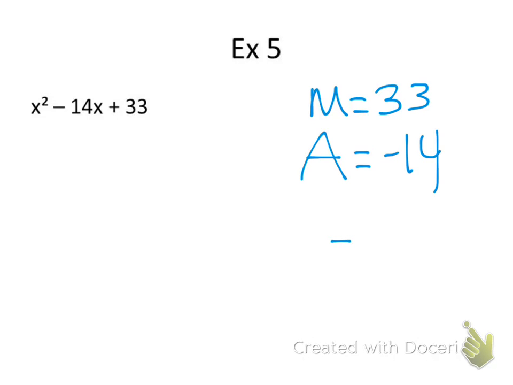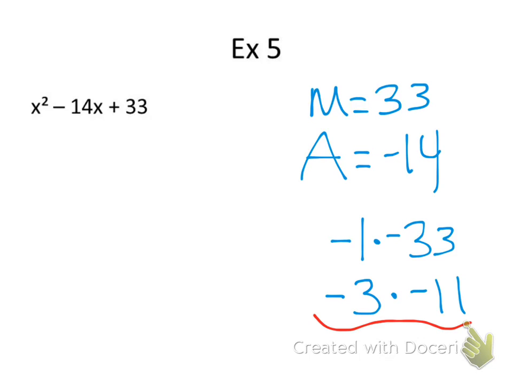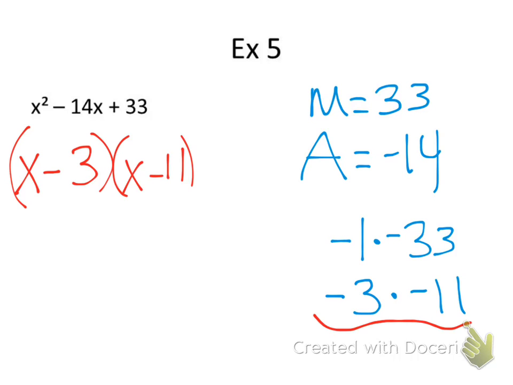So when I list the factors of 33, I'm going to list them as all negative numbers. There's only 2 combinations. Do either of those add to negative 14? Negative 3, negative 11. So I am going to write in binomial form x minus 3, x minus 11.